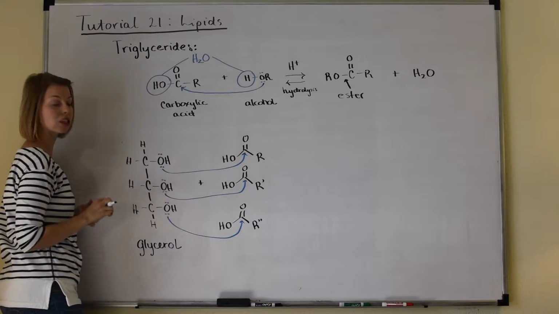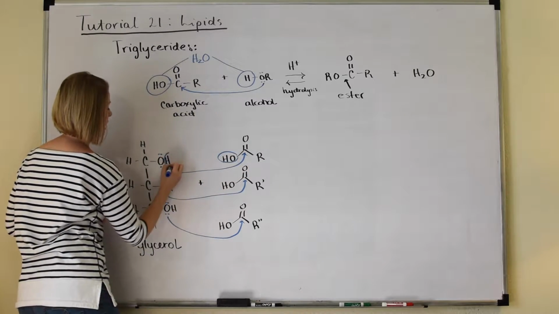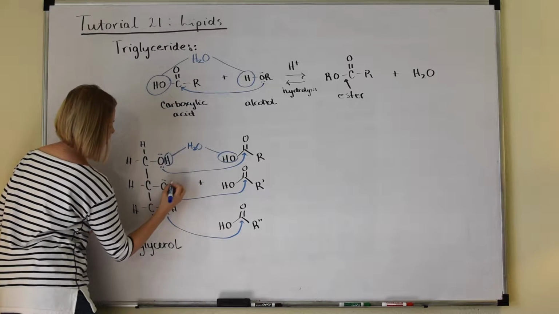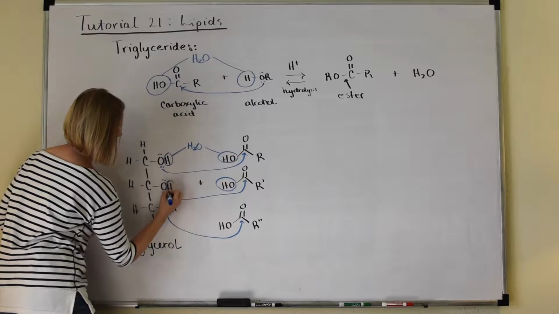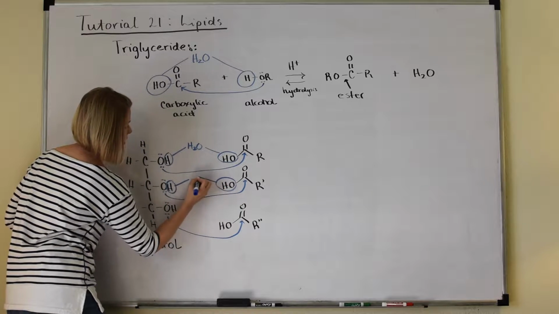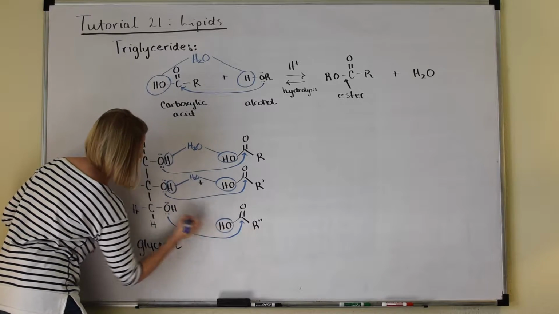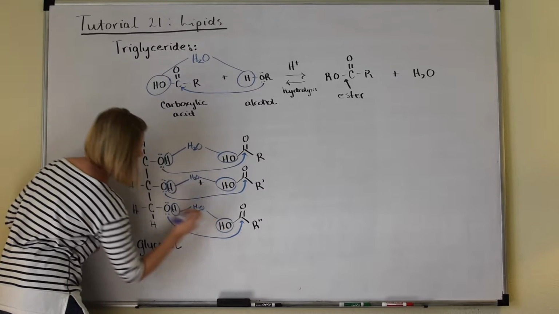So 3 ester bonds will form. We're going to lose the OH and the H as water. And same thing here, the OH and the H as water. And the OH and the H as water, H2O.